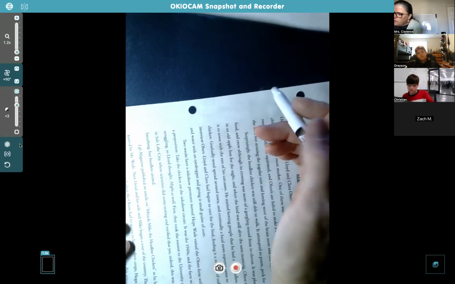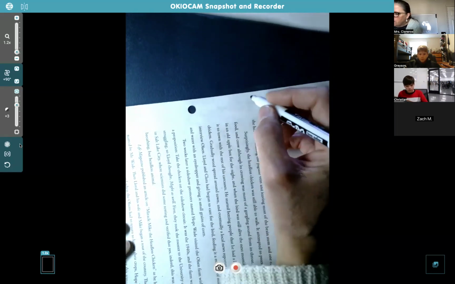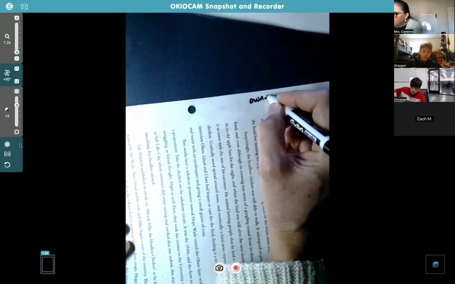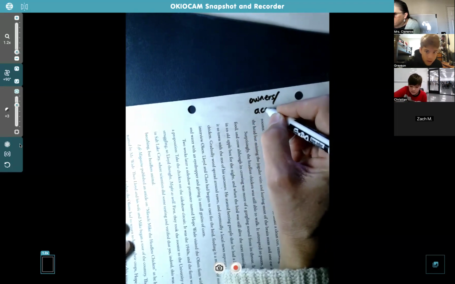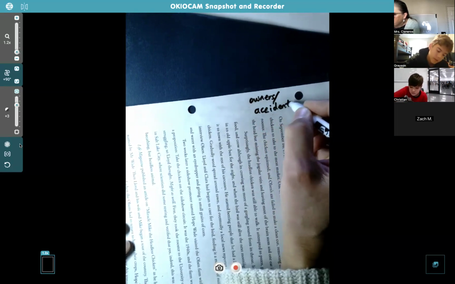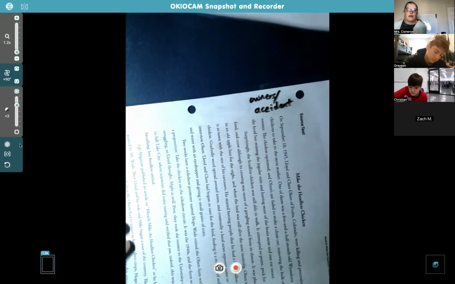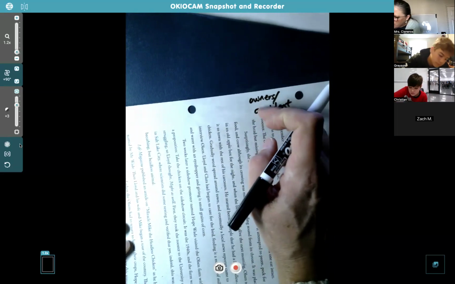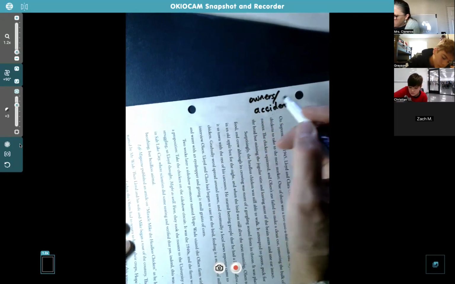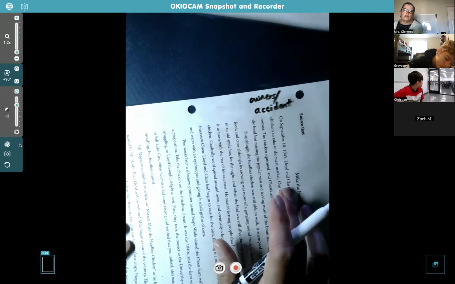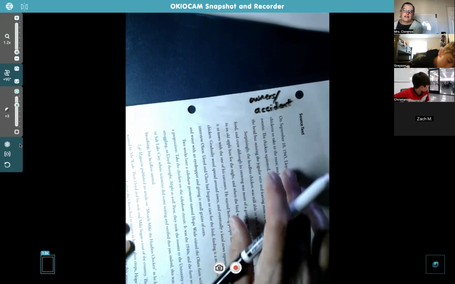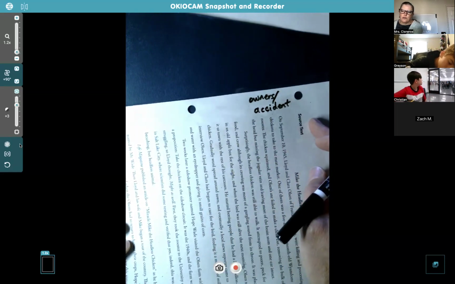And next to that first paragraph, I'm going to have you write the words, put it toward the edge here, owners/accident. This paragraph is talking mainly about, that's a C, by the way. Fix that. ACC. Accident. Mainly talking about who the owners are and the accident that happened with their chicken or their rooster.